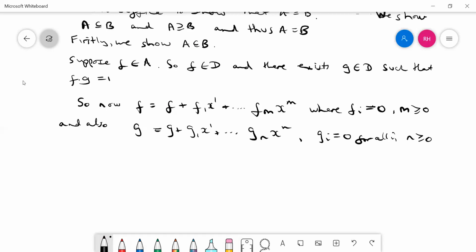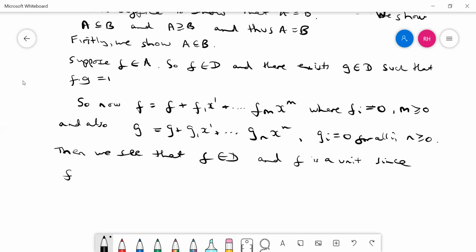Then we see that F is an element of D and F is a unit, since if we multiply F and G in the way we've expressed them as polynomials, we'll get 1. So A is a subset of B.